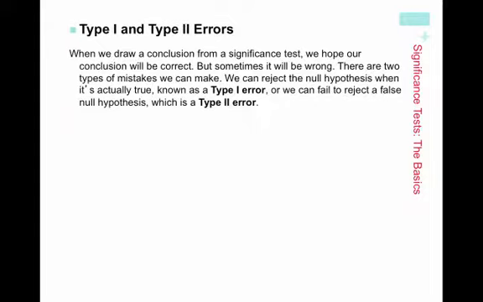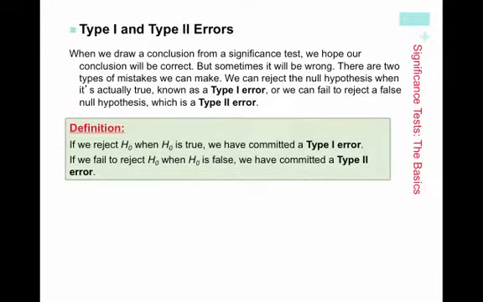We can reject the null hypothesis when it's actually true, or we can fail to reject a false null hypothesis. Rejecting the null when it's true is called a type 1 error. Failing to reject a false null hypothesis is called a type 2 error.